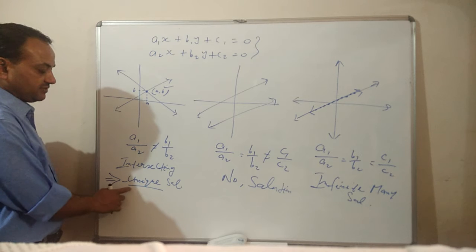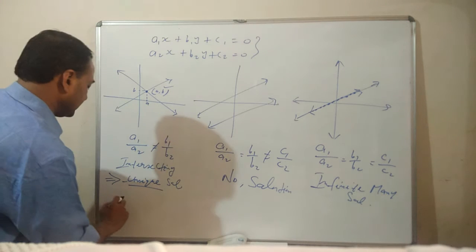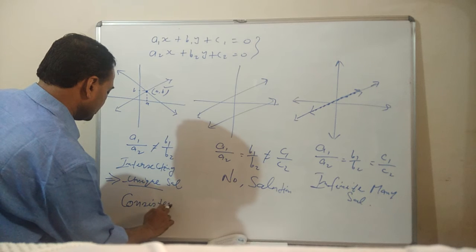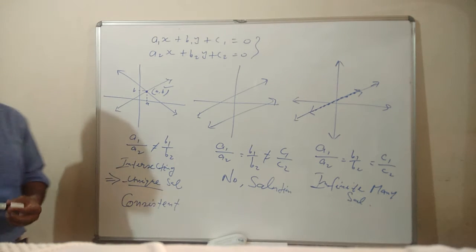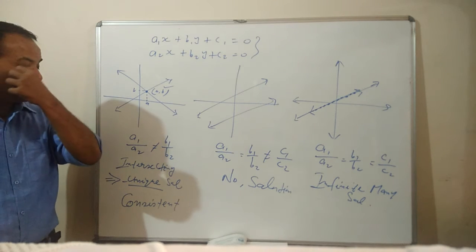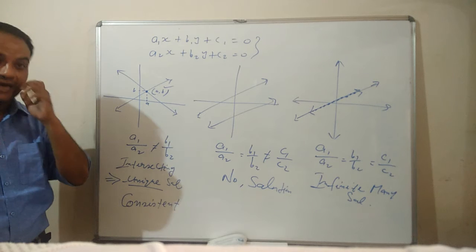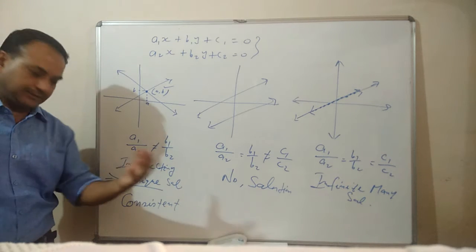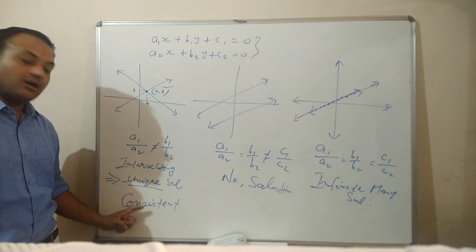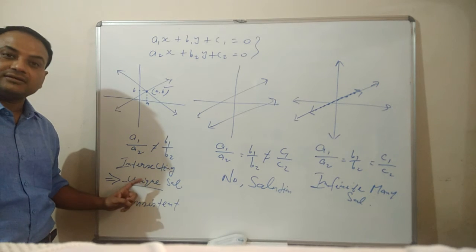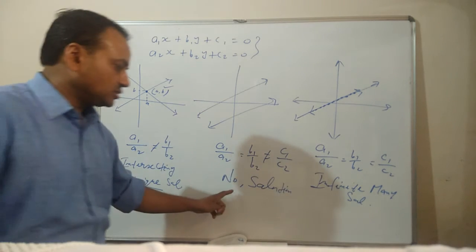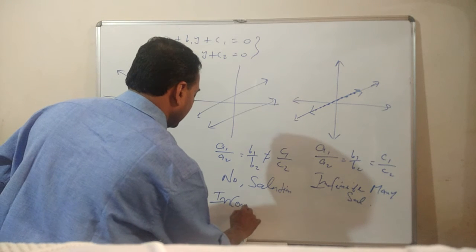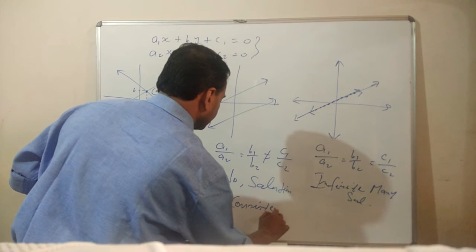When a unique solution is there, we say the lines are consistent. Children, it's a very important point. Sometimes the question will ask you to prove or show that these lines are consistent or inconsistent. Here the lines are called consistent because we are getting a solution. Since here a solution is not there, we say these lines are inconsistent.